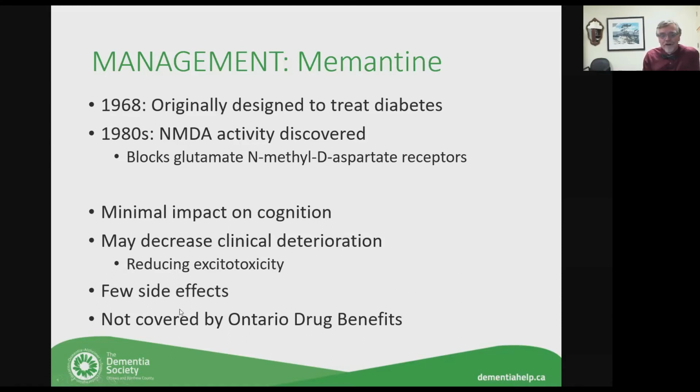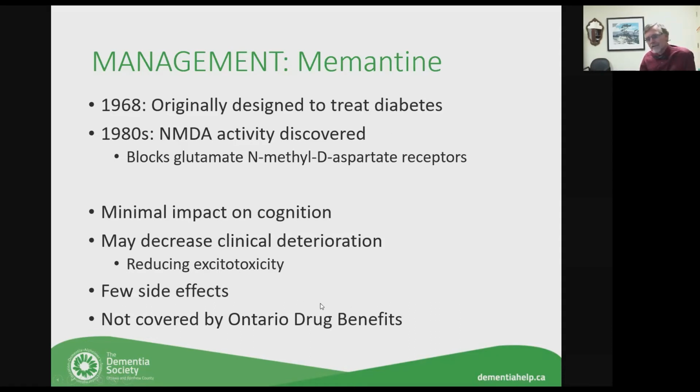The good news is there are few side effects, but the bad news is it's not covered by Ontario Drug Benefits simply because they don't have enough evidence that it's a benefit to patients. And so they're considering it more of an experimental use. And so client pays or insurance pays. So memantine is a bit of a wild card.